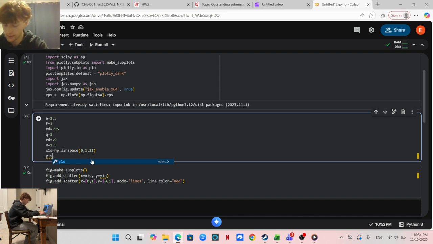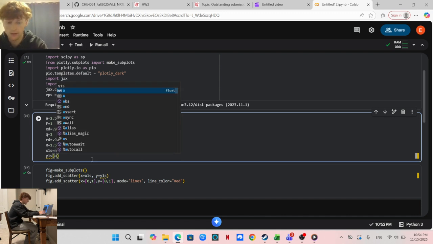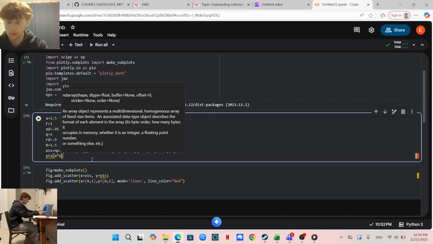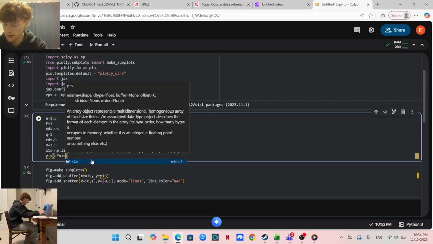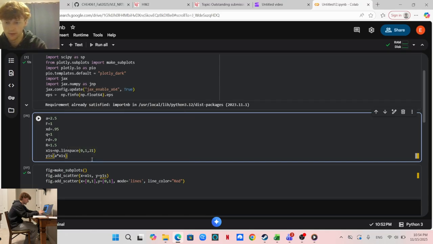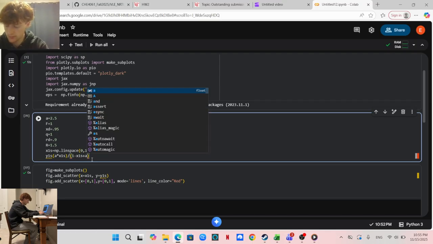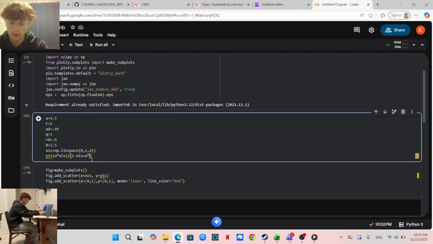That equation is alpha times our x1s, divided by 1 minus x1s plus alpha times our x1s.